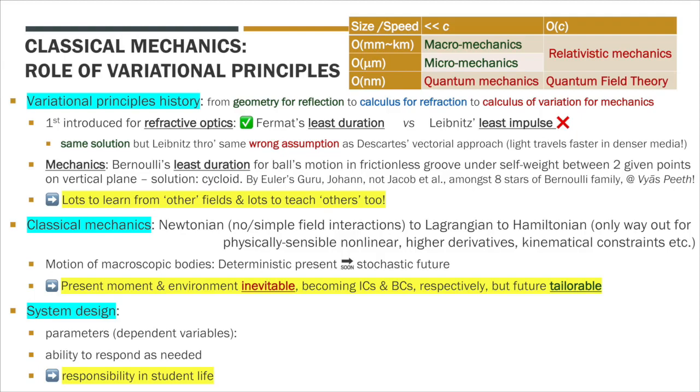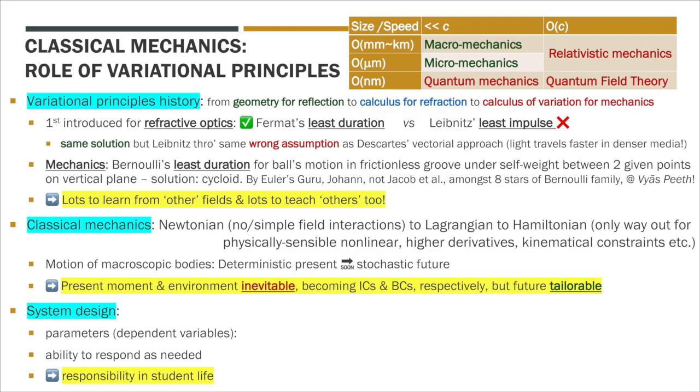So as I said, variational principle was first introduced for refractive optics, and again it was introduced in two different ways, both variational principles. One by Fermat, who did it by using the least duration of time taken to travel from point A to point B, which is the right way to do it.